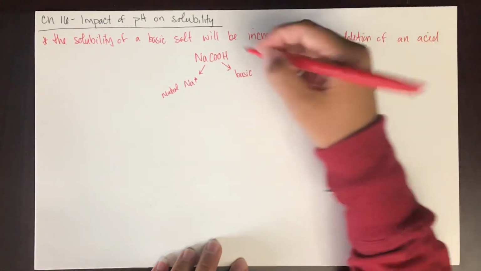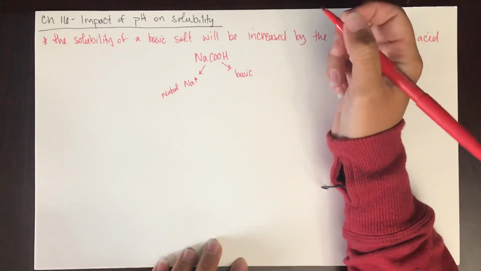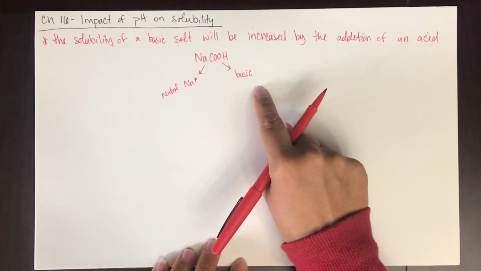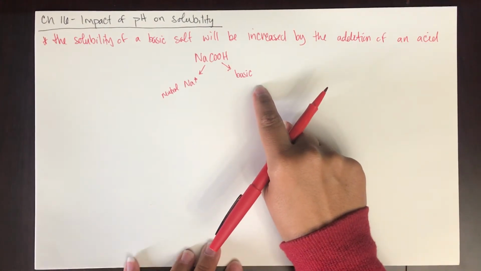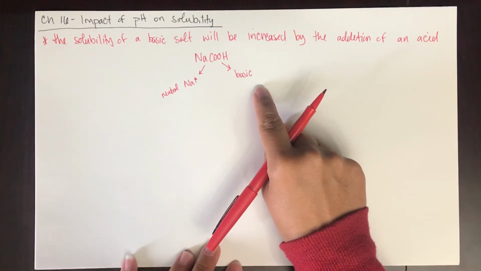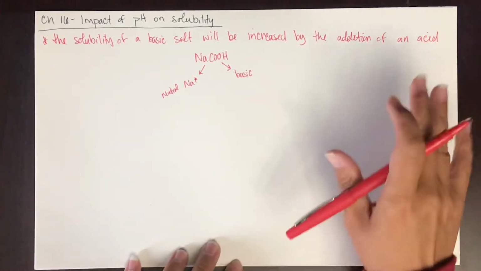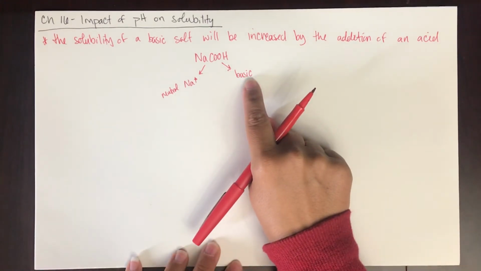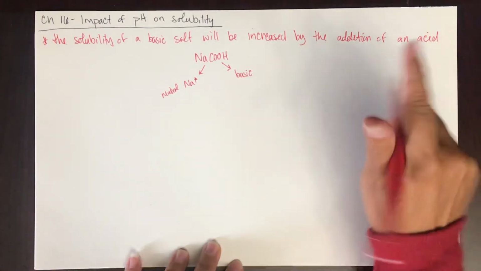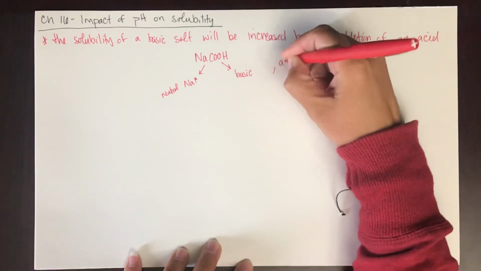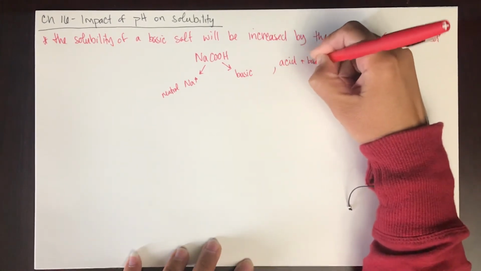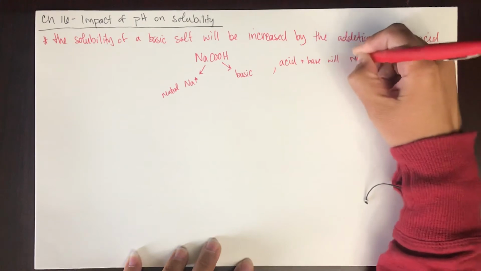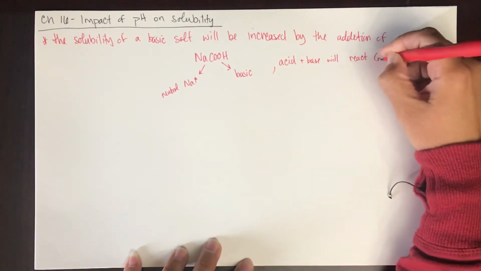So therefore, if this is a basic salt, the solubility of a basic salt would be increased. It would be more soluble in the presence of an acid, because the basic component of this salt is going to react with an acid. So the acid and base will react and neutralize.